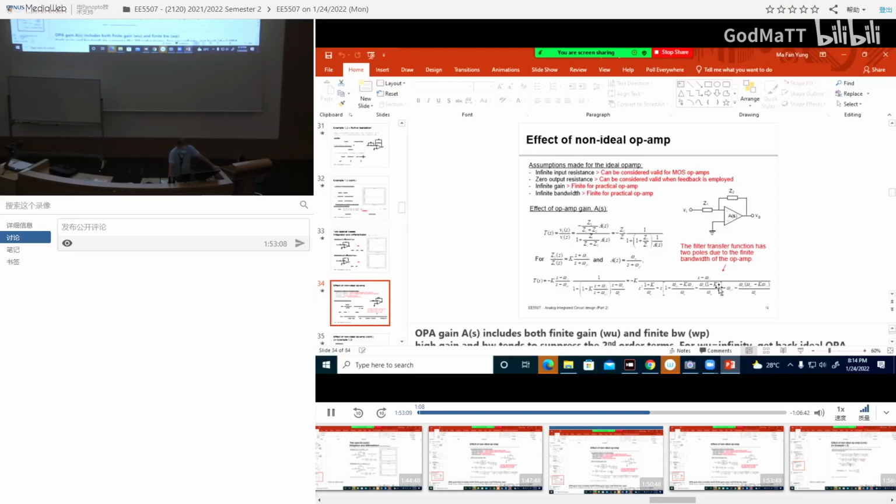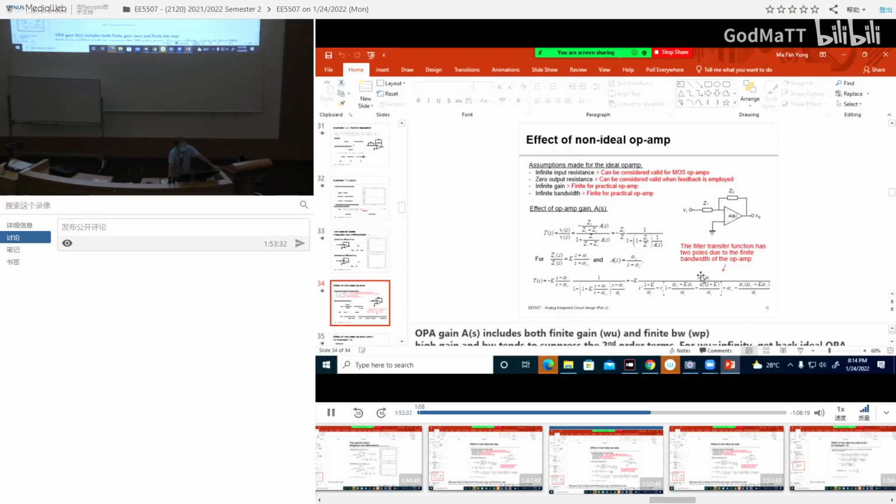And why you have 2 poles is because you get 1 pole from the Z1, Z2 side, you have another pole from the op-amp. Alright? So you can see how the equation very quickly becomes complicated.